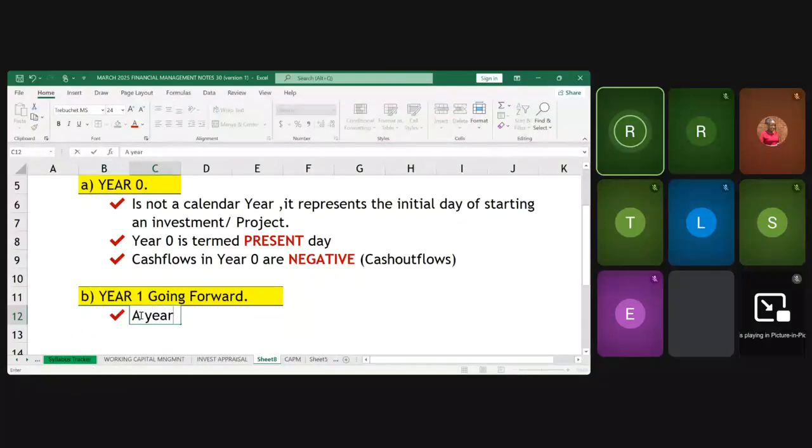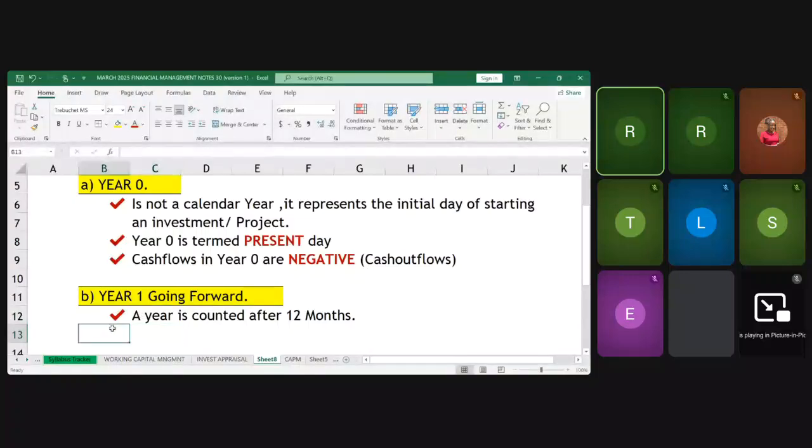A year is counted after 12 months. That is key and critical. So year one going forward, what does year one going forward mean? From year one going forward, we call it future.